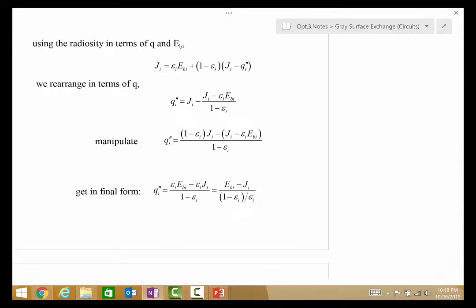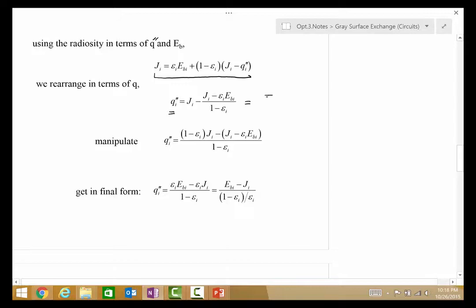So specifying the radiosity in terms of the heat flux and the black body emissive power, this is just a continuation of what we had earlier. We can rewrite this in terms of the heat flux, and we see the heat flux can be specified, and this is not as convenient a form.